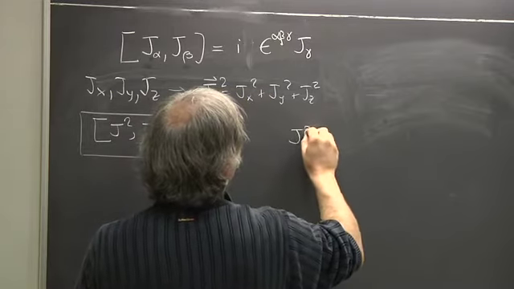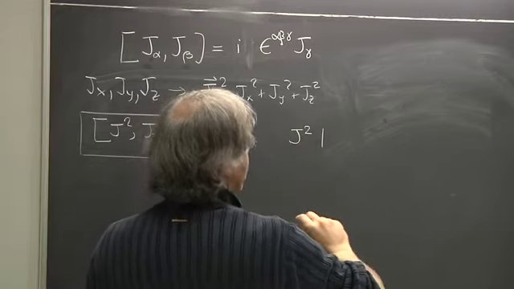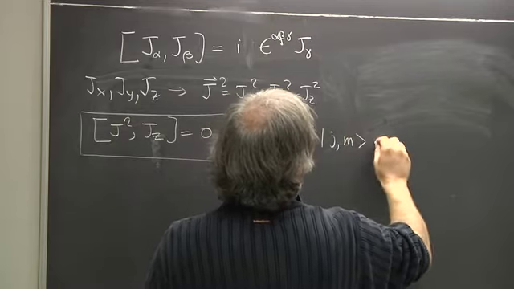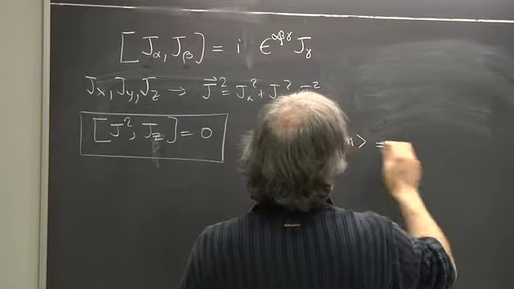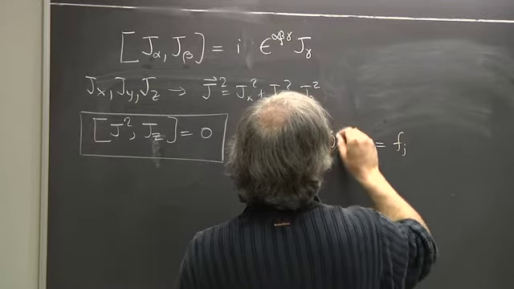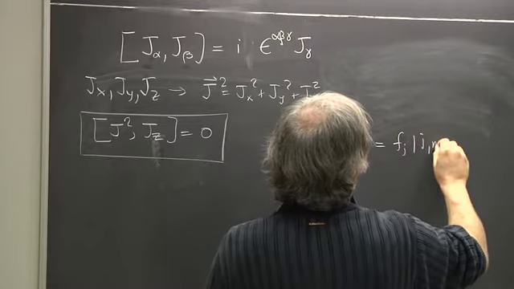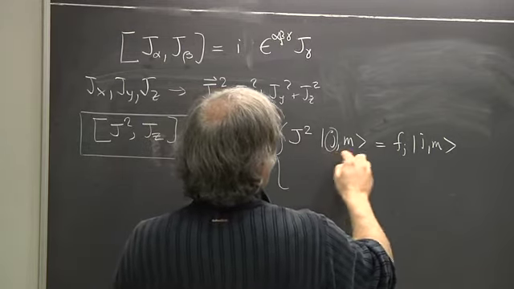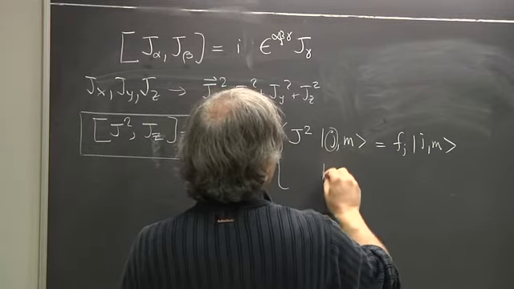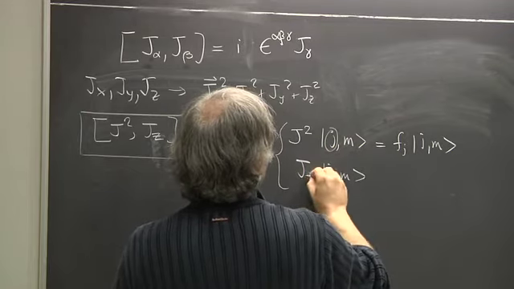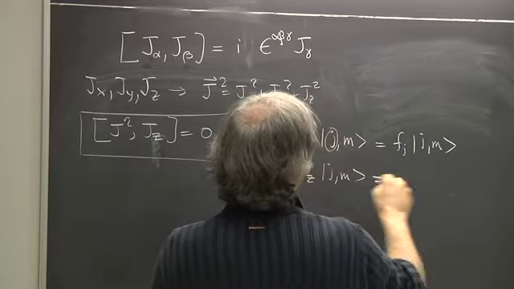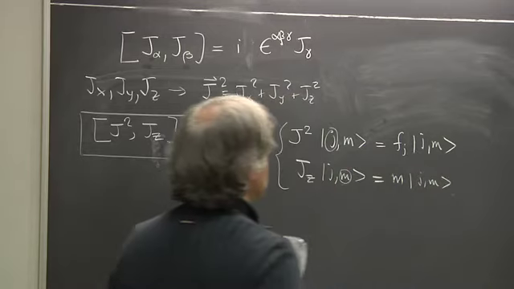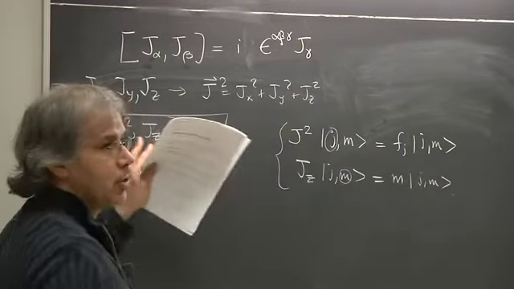I want to construct eigenstates of J square, okay? Let me just indicate with two labels, okay? This will be an eigenstate of J square with a certain eigenvalue, which depends on this first label, J, okay? What I tell you is that I can also find appropriate combination of this object such that these are eigenstates of Jz with eigenvalue just m, okay? And I can do so because they commute.